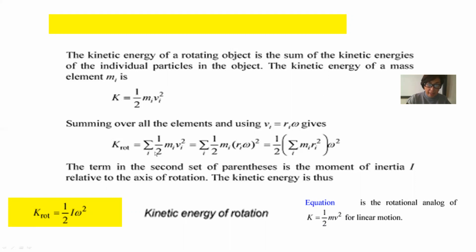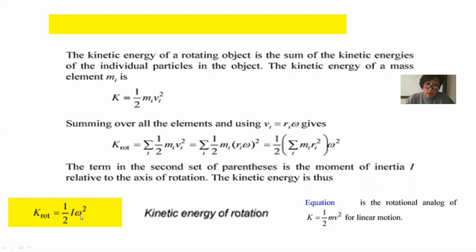And here, for the rotational kinetic energy, using the formula with the sum, we replace v with R omega, so we get R omega squared, and the final formula is the sum of m r squared divided by 2. This is the moment of inertia of the system of particles.